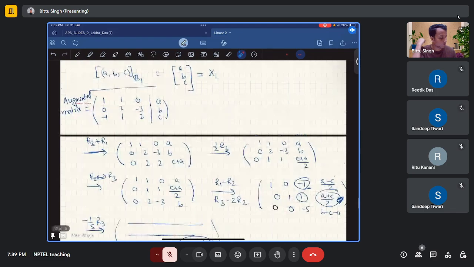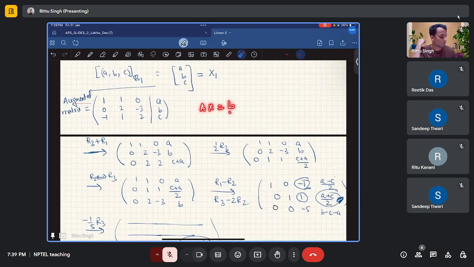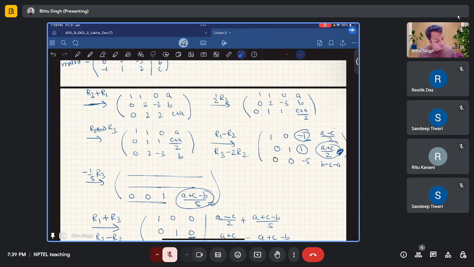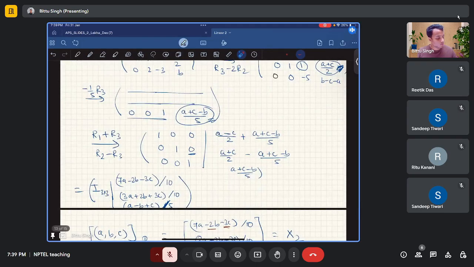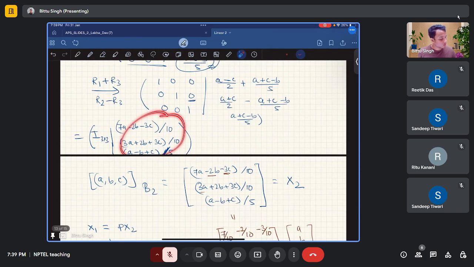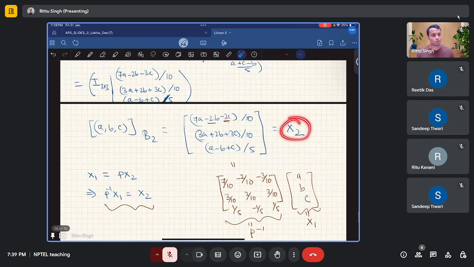A times x equal to b, where b is that ABC, right? To solve this, again we perform those row operations and try to make it row echelon form. From row echelon form, it is clear that this side is identity and this side is now those entries. So from here we are getting the solution. Therefore, the coordinate of ABC with respect to this basis will be the same as this. But from the question, it is actually x2.